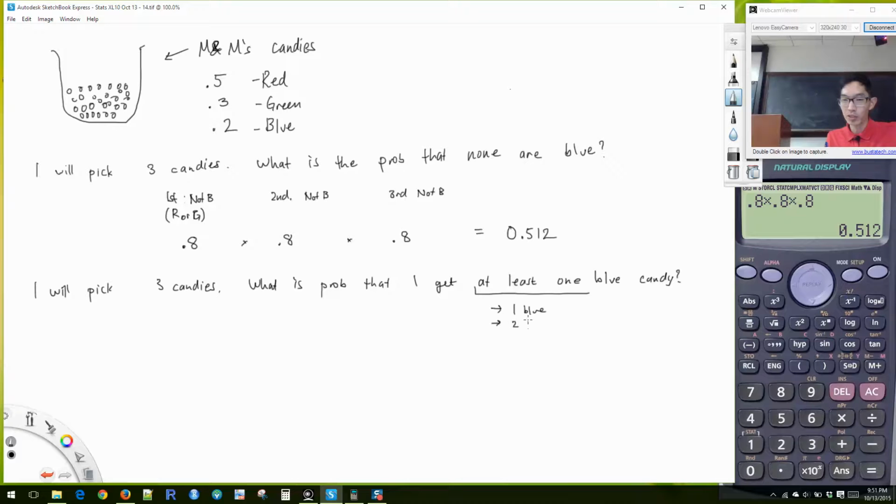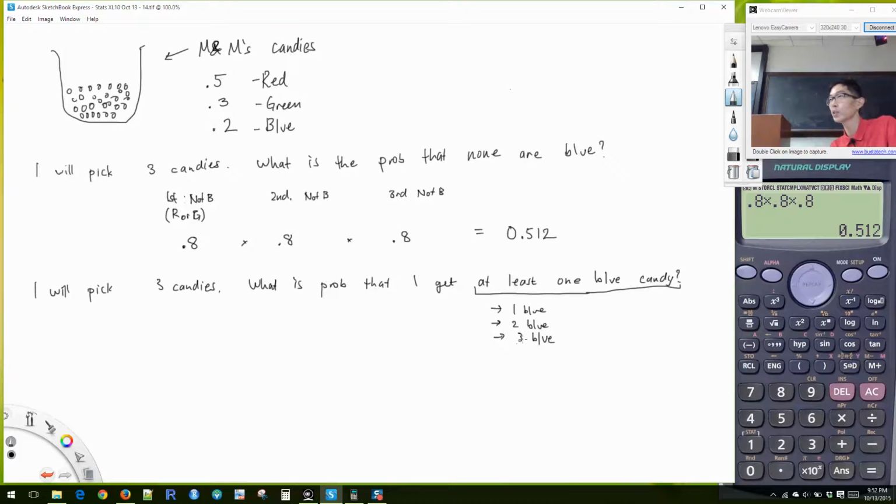I'm also allowed to get 2 blue candies, or I could end up with the magical 3 blue candy unicorn. It doesn't happen often, but I could end up getting all 3 pieces blue. So these are the situations that qualify as at least 1 blue candy.